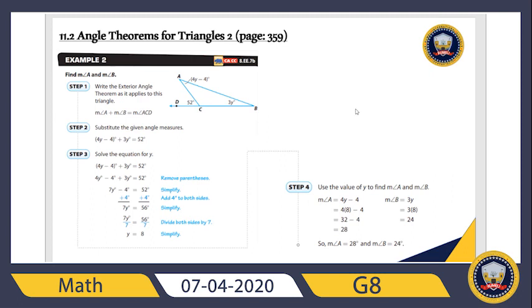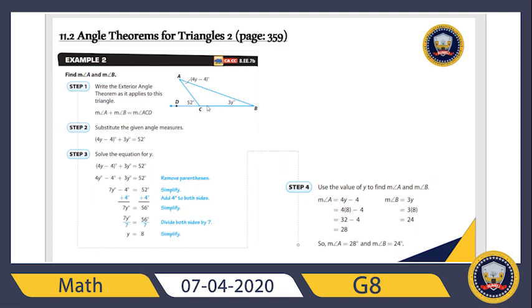Now let me add another question. If I am asked to find the angle ACB, I'm talking about this angle right here. How can I find it? Well, I have two ways. The first way, I say the measure of A plus the measure of B plus the measure of ACB, this angle, equals 180, and I will solve the equation. That's one way.